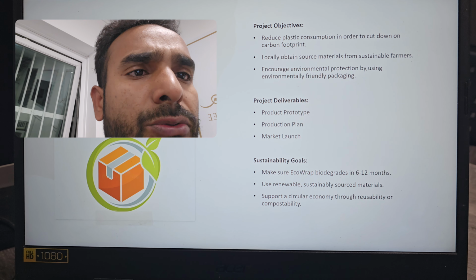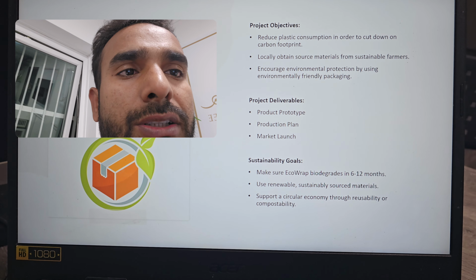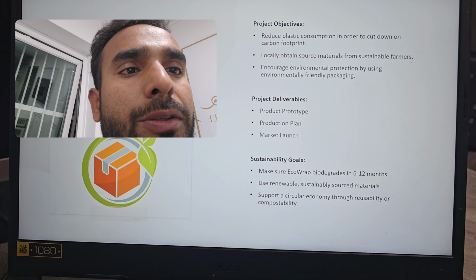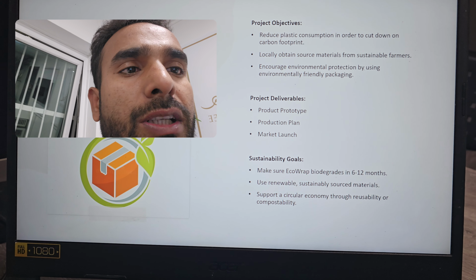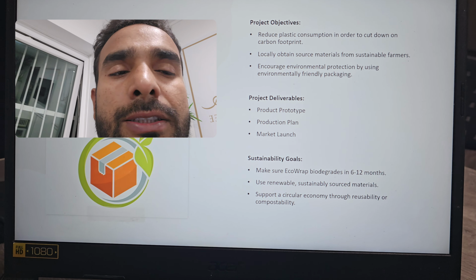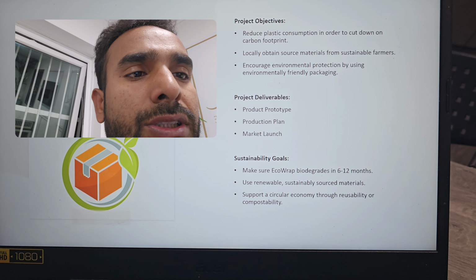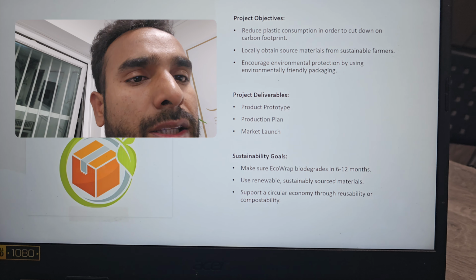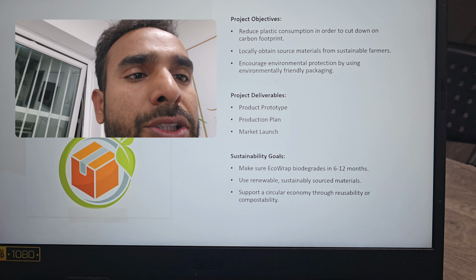Project deliverables include product prototypes, production plans and market launch. Sustainability goals make sure the packaging is biodegradable in 6 to 12 months, and uses renewable, sustainable source materials.